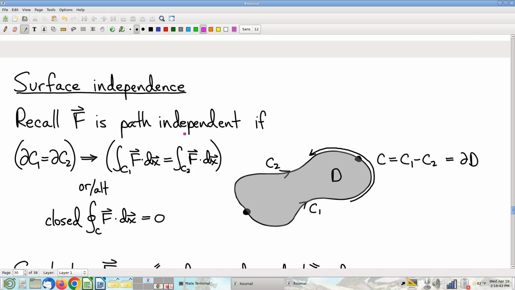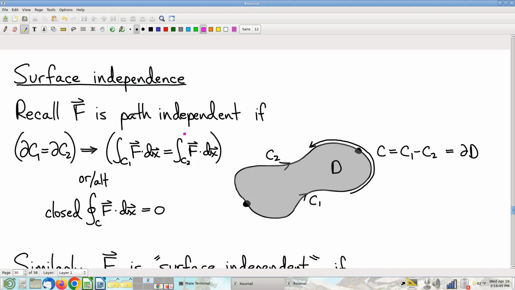So first of all, real quick, let me remind you what path independence is before I extend to surfaces. Recall that if we have two curves, C1 and C2, with the same boundary, that means that they start at the same point, they end at the same point.